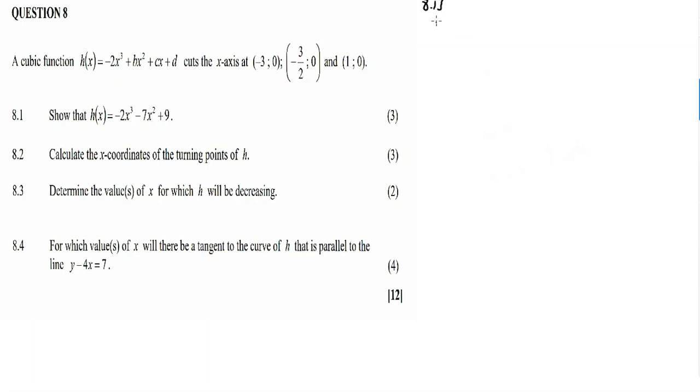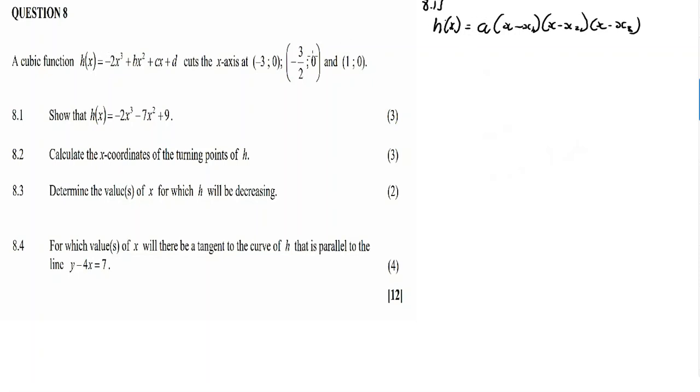So in order to find h of x, we will use this generic formula: a open bracket x minus x1, x minus x2, x minus x3, where a in this case they give us as minus 2.